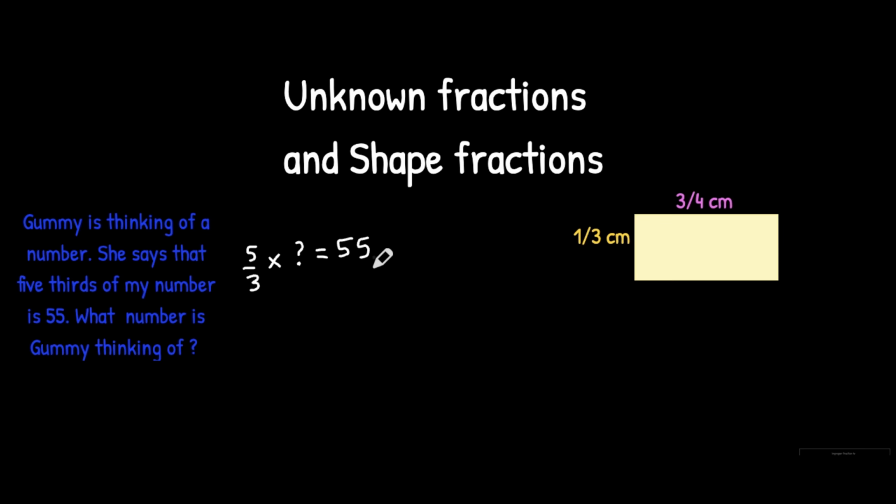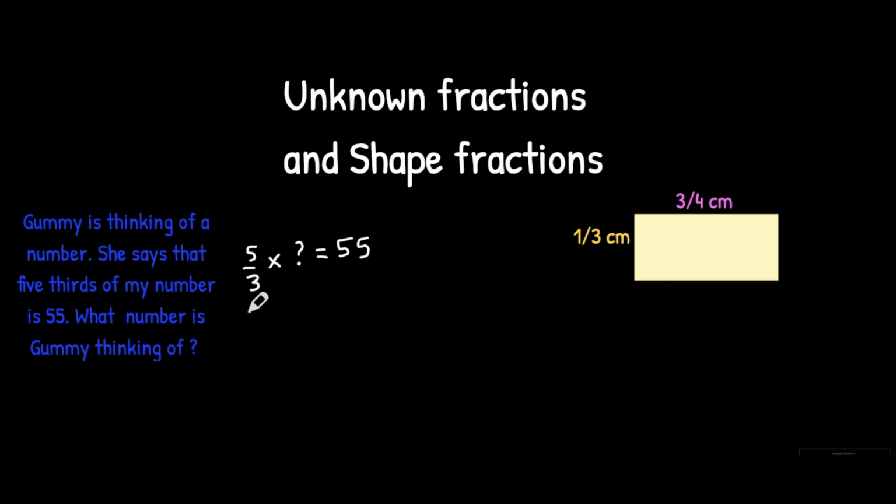The easiest method I found for you to deal with this is using what we call inverse or opposite operations. We know that this 5 is multiplying a number, and this 3, because it's under this line, is dividing. So we just do the opposite.